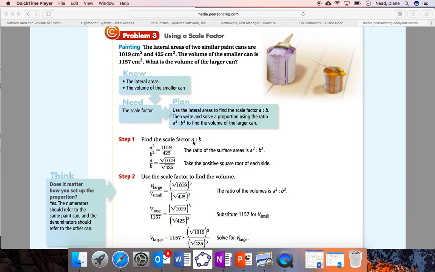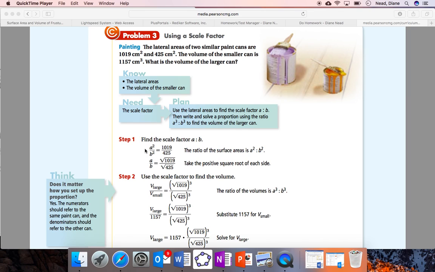We know the square of the scale factor is equal to the ratio of the surface areas of the cans. We have the lateral surface area of 1019, and the lateral surface area of the smaller can, 425. The ratio of those surface areas is equal to the square of the scale factor.